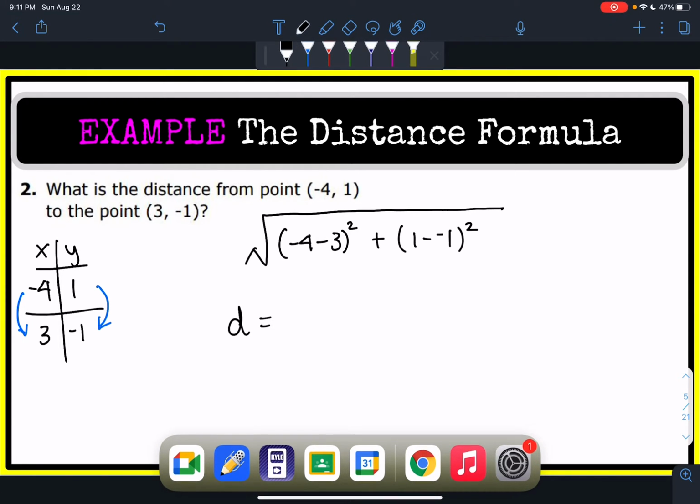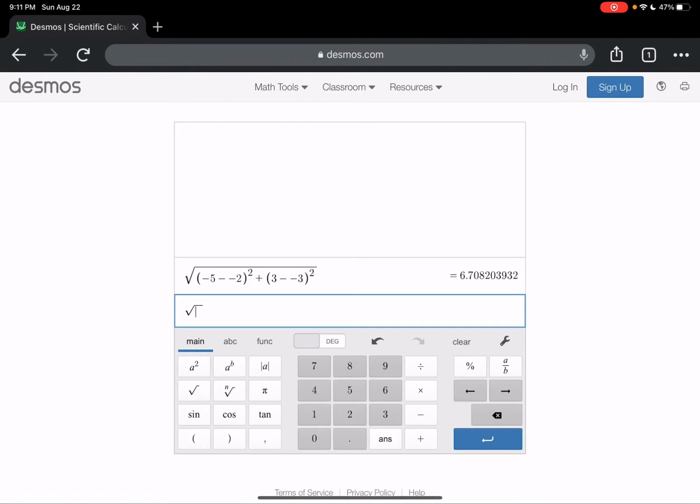And again, I'm going to cheat here, just a little shortcut, and use the calculator to calculate this a lot quicker.